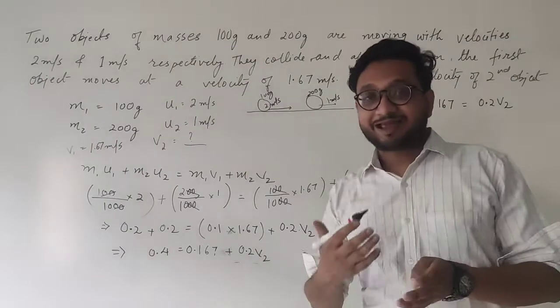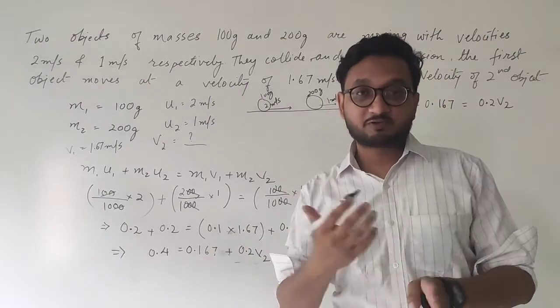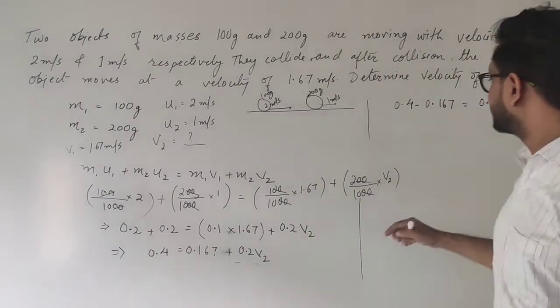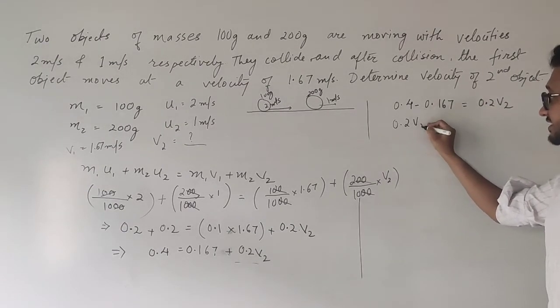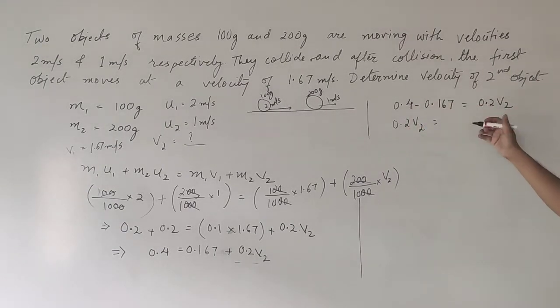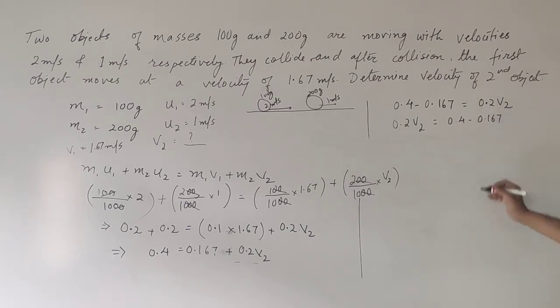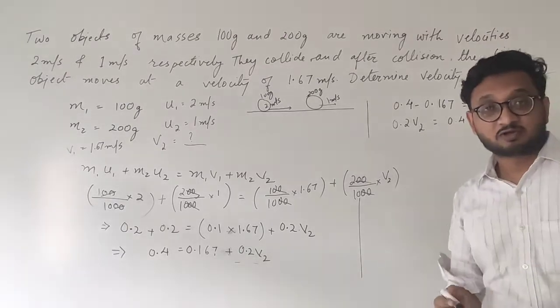As you already know, if A is equal to B, then B is equal to A, so I am just changing the side. I am writing 0.2 v2 on the left hand side and 0.4 minus 0.167 on the right hand side. So I can get the value of v2 quite easily.